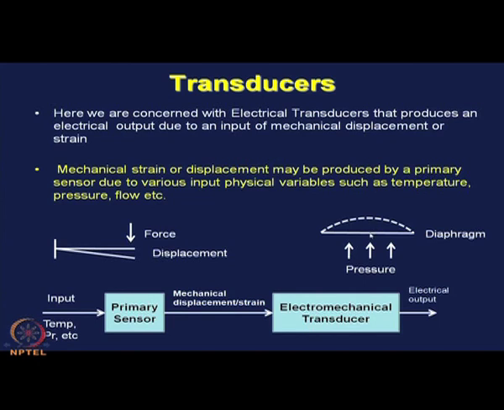If we measure the displacement from the center of this diaphragm, we have this distance as maximum deflection of the diaphragm. We are interested in converting this displacement signal to an electrical output.